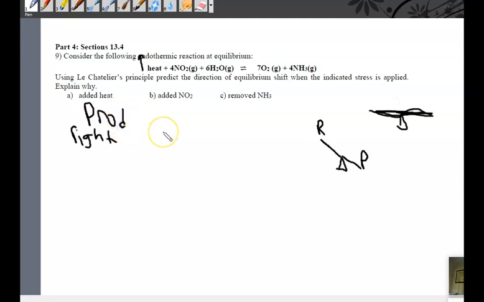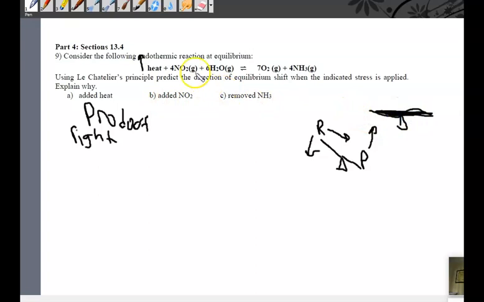Oh, you know what? I need my pen. I'm not doing it with the mouse. Product side, or it shifts to the right. It just all depends on how the multiple choice questions ask you, but it'll say which way does the equilibrium shift. All right, does that make sense? So if your reactant is going up, you have to shift this way in order to bring this back up and bring that down in order to have an equal.